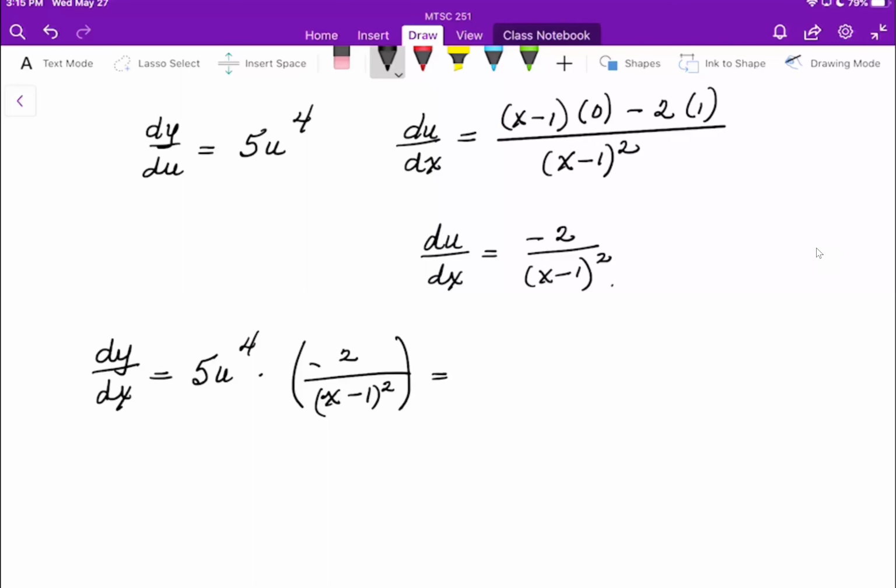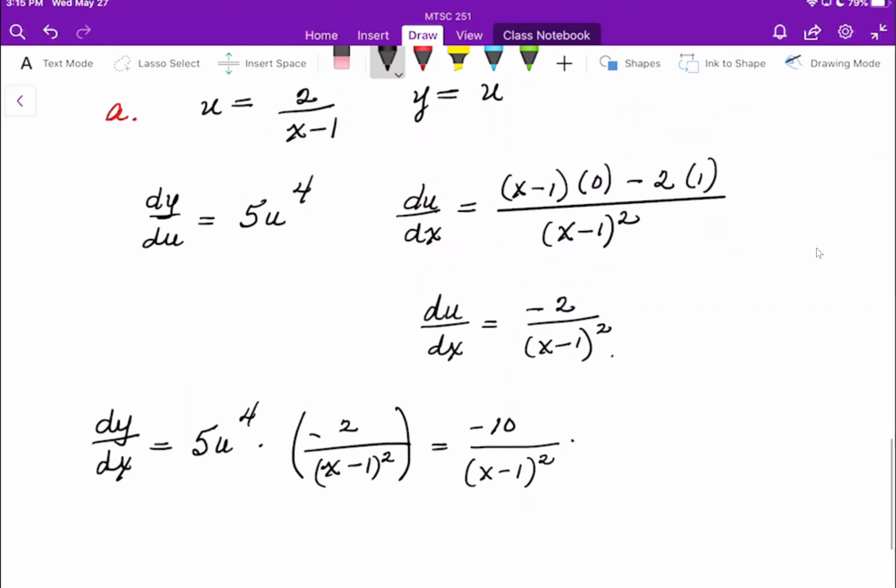So now we're just going to get minus 10 over (x - 1) quantity squared. But we're going to multiply this by u to the 4th, and u was 2 over (x - 1), to the 4th power.